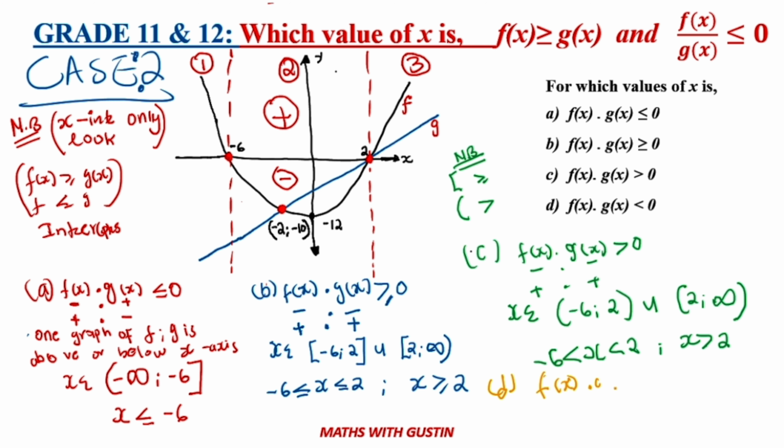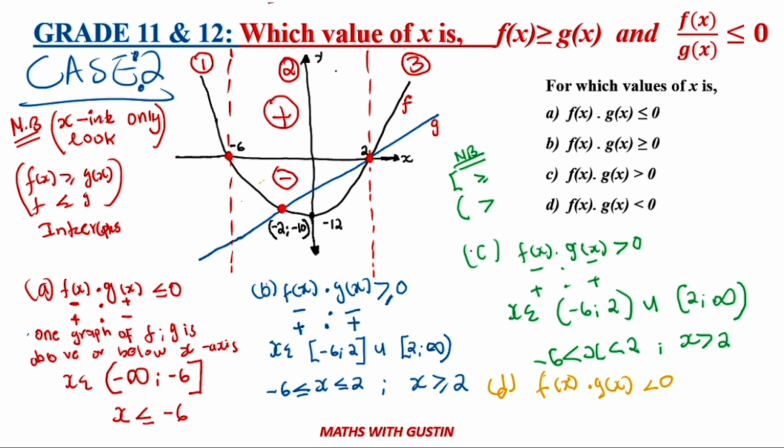So let's have a look at this one. It's where one graph is above the x-axis and one is below. Stage 1 here: f of x is above, g of x is below, so stage 1 will be satisfied. Stage 2, both of them are below the x-axis, therefore this is not satisfied. And then stage 3, both of them are above the x-axis, therefore this is also not satisfied.